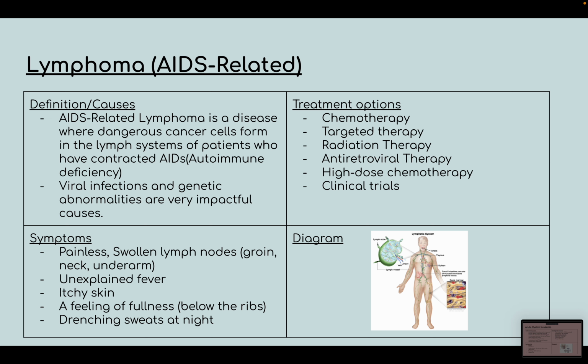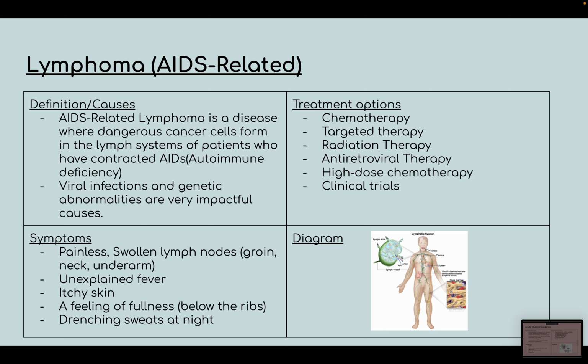Next we have AIDS-related lymphoma. AIDS-related lymphoma, like how the disease sounds, is a disease where cancer cells form within the lymph nodes of patients who have contracted AIDS, which is basically acquired immune deficiency.